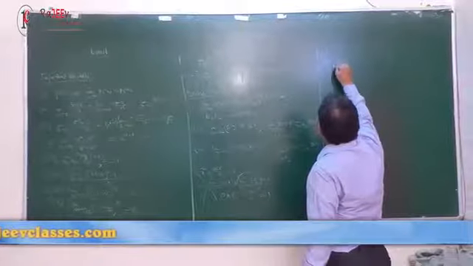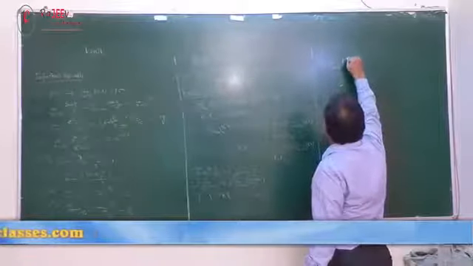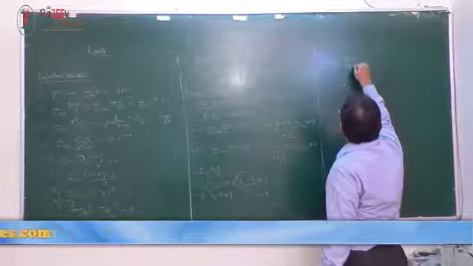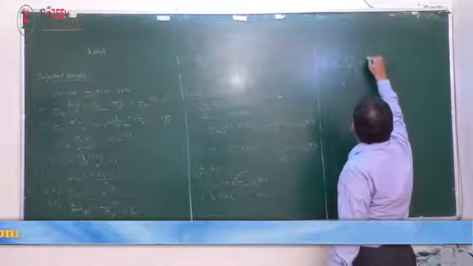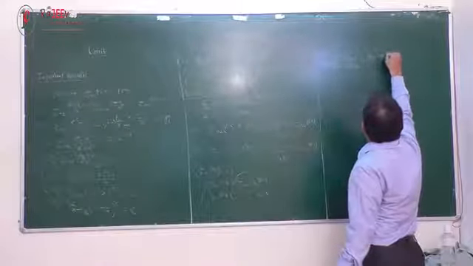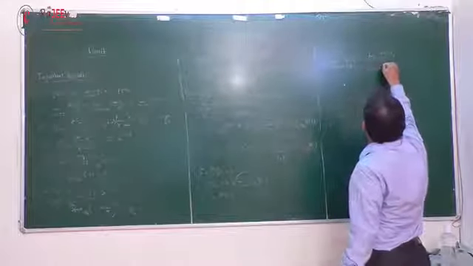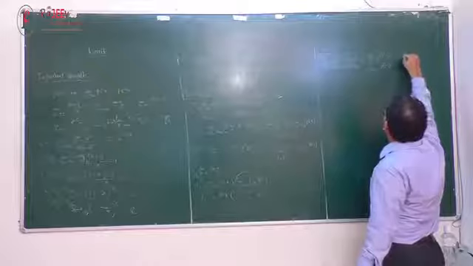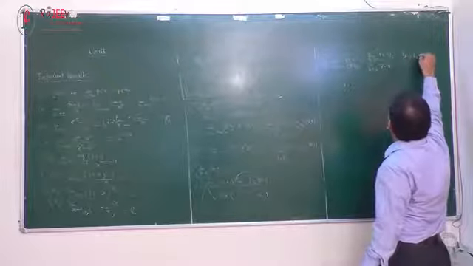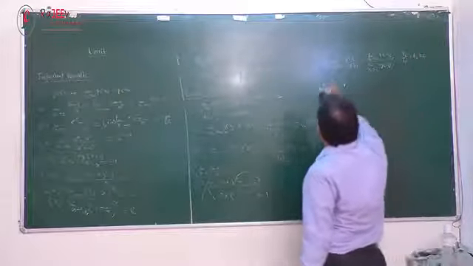Number 3, limit x tends to a of f(x) by g(x) is written as limit x tends to a of f(x) divided by limit x tends to a of g(x), which is equal to L1 by L2, where L2 is not equal to 0.